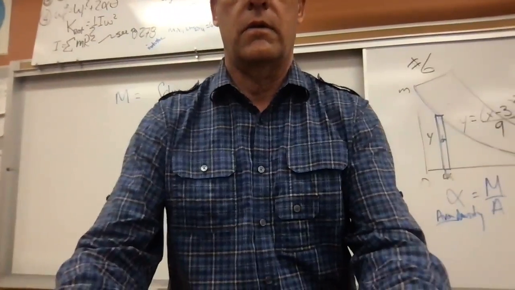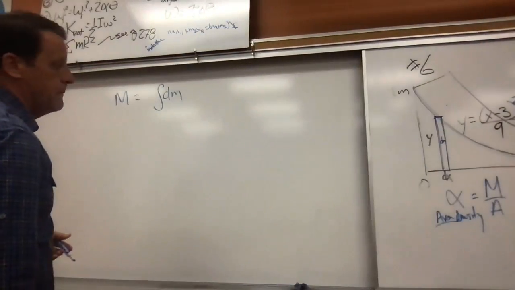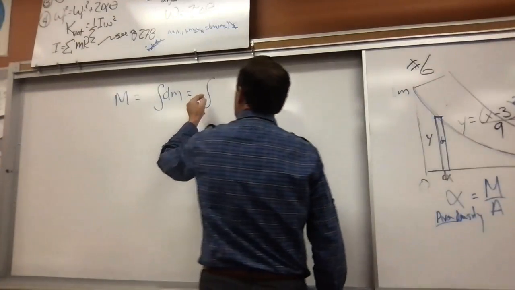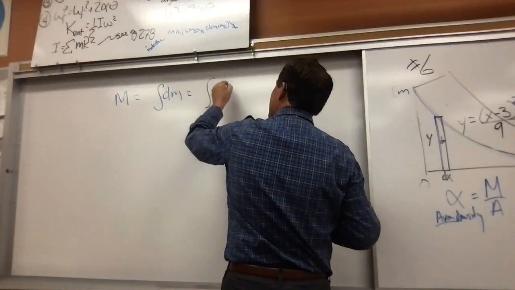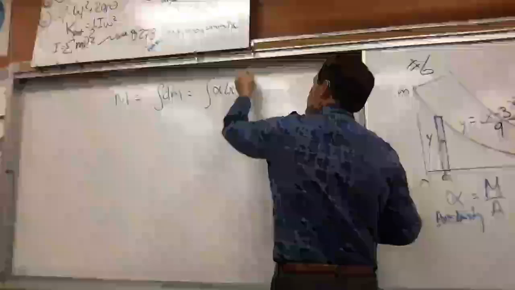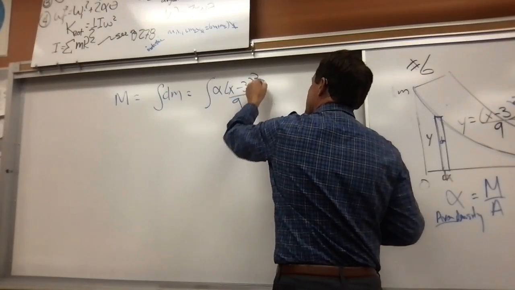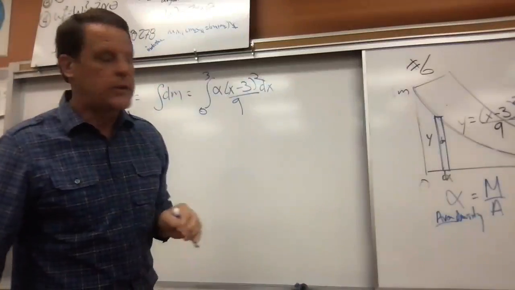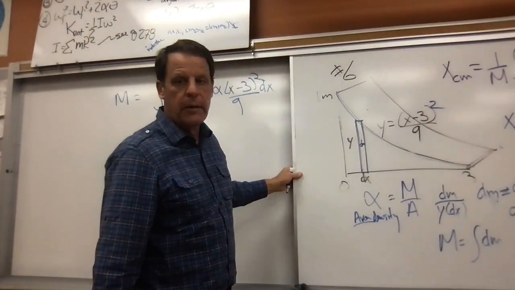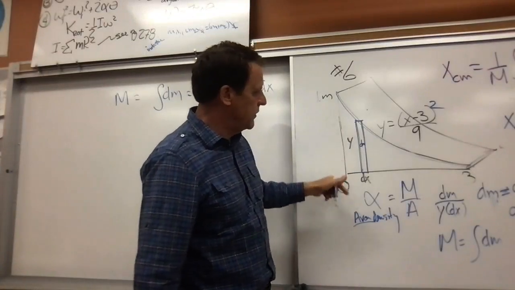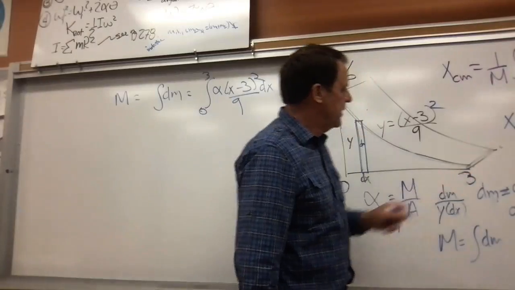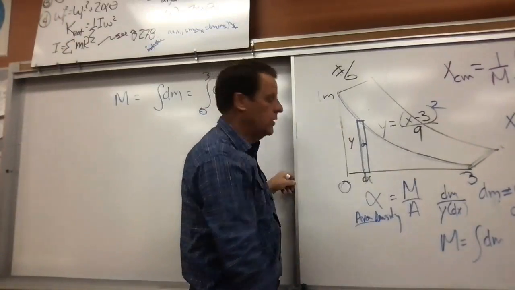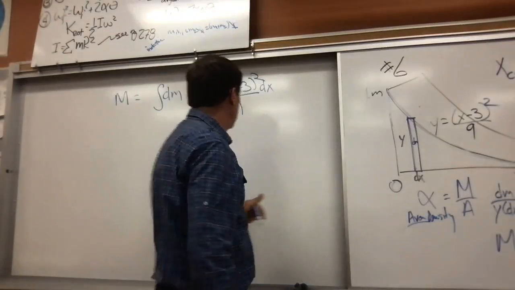We also said that that is going to be the integral of alpha times (x minus 3) squared divided by 9 dx, and we're going to do that from 0 to 3. Now remember, the 3 came from the length of this model track being 3 meters long, which was given in the problem.